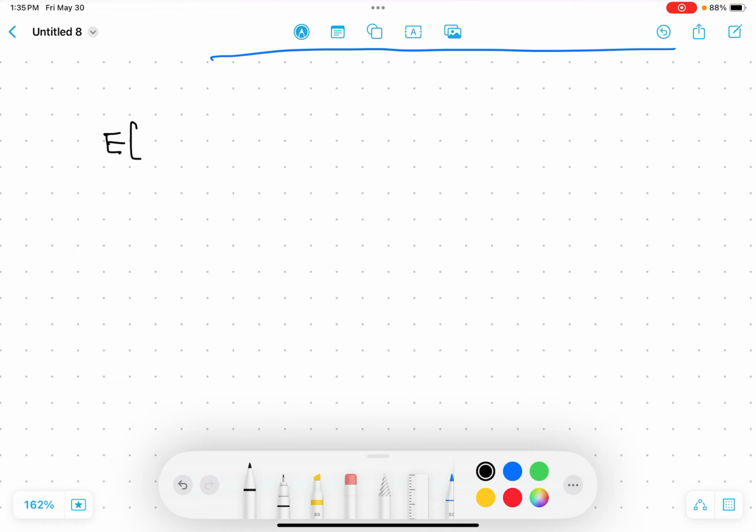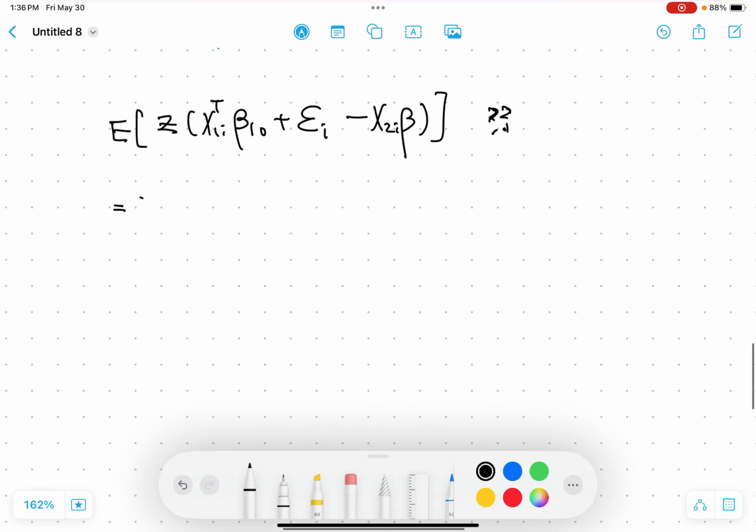Expectation of z x1i transpose beta 1 0 plus epsilon i minus x2i beta. I don't know what it means. So already it gets wrong, and this guy wrote it as z2i x1i transpose beta 0 minus beta. Hard to understand what's going on.